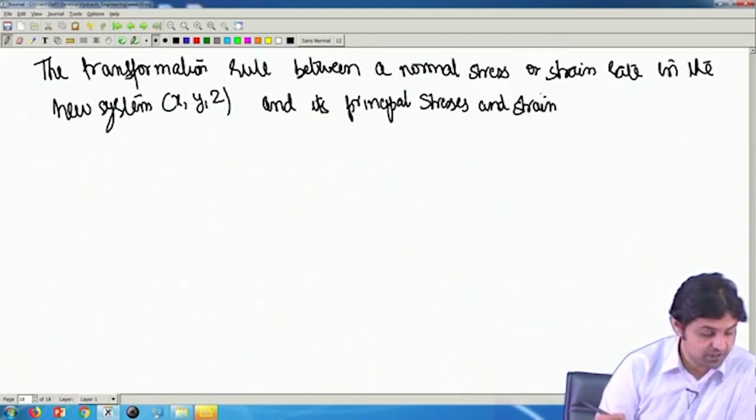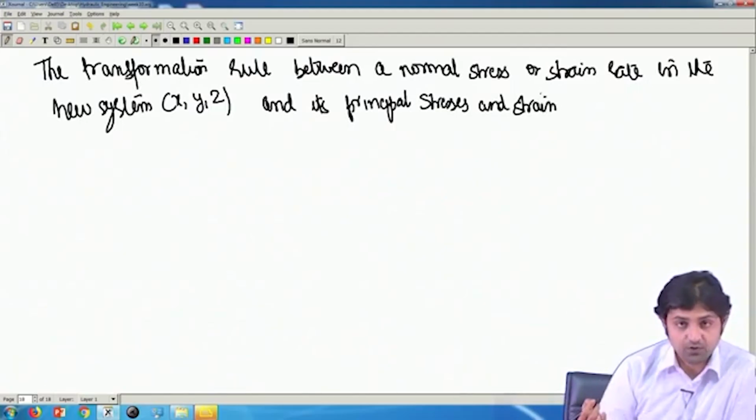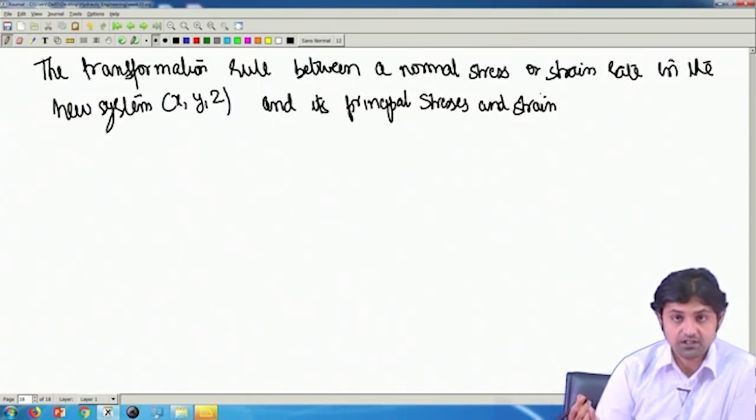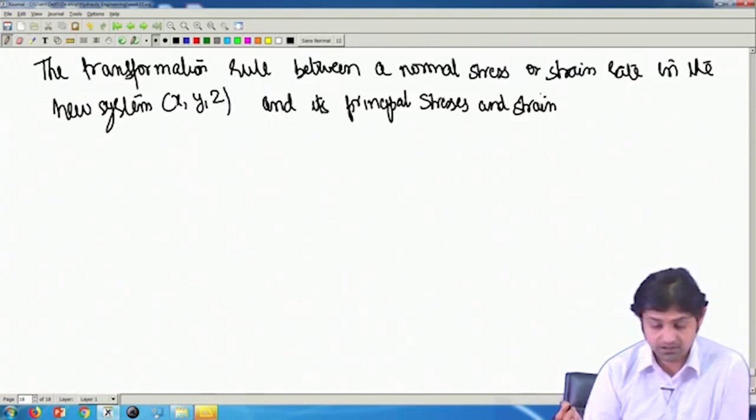Principal stresses and strain are tau 11, tau 22, tau 33, epsilon 11, epsilon 22 and epsilon 33.